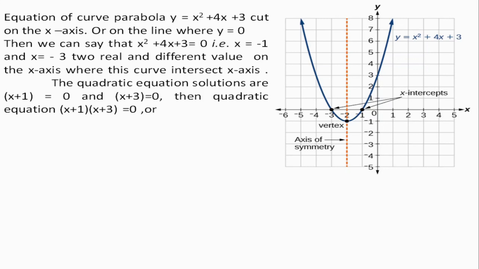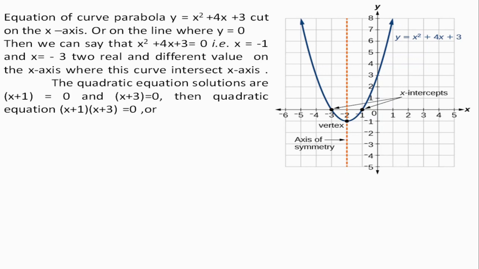So that means when x is equal to -1 and x equal to -3, there are two real and different values. You can see in the figure, the curve intersects the x-axis. So these are the real and different values, and we can write this curve in the form (x plus 1)(x plus 3) equal to 0.